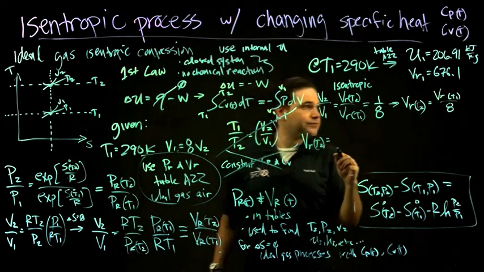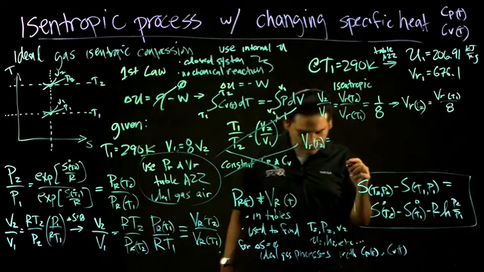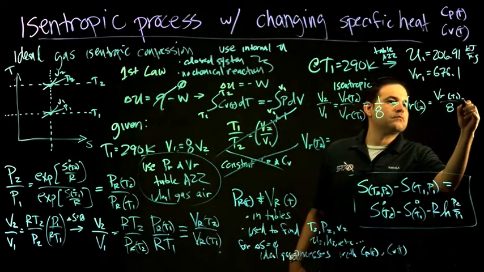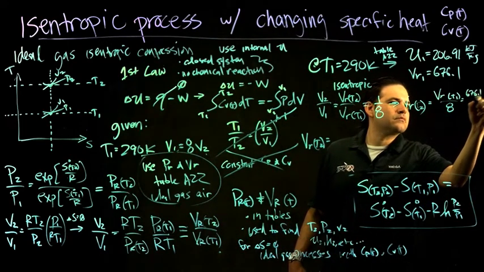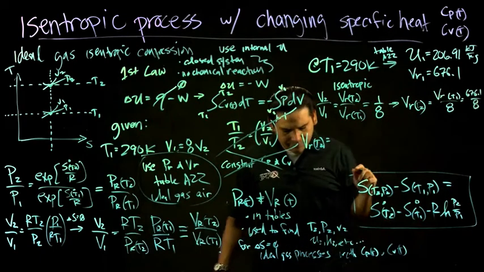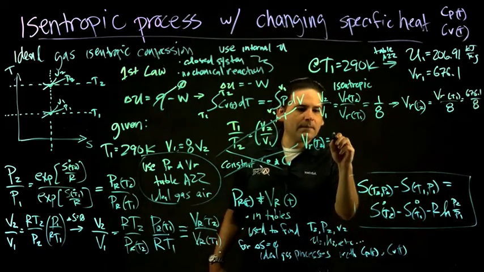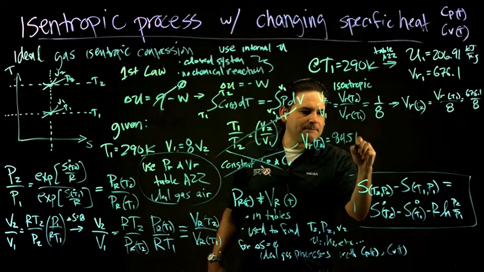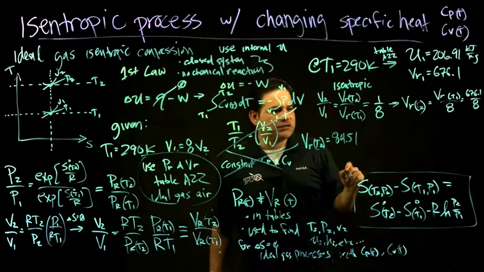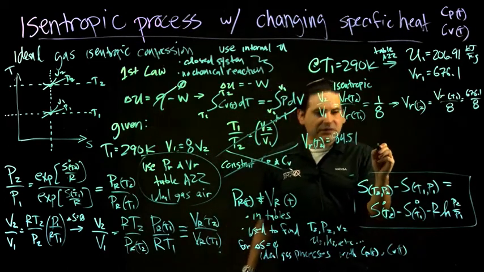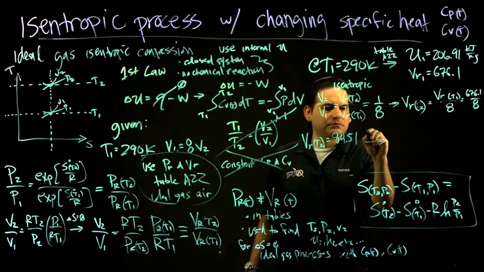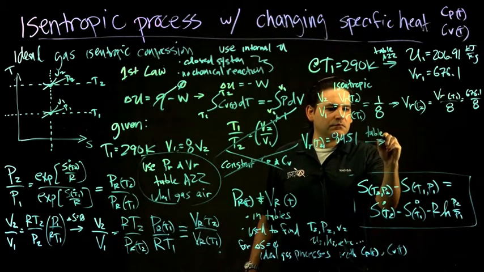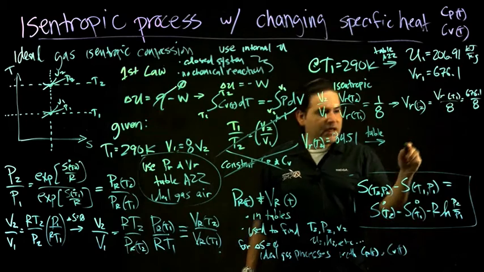So that's VRT2. Then from the table, that gives us that.